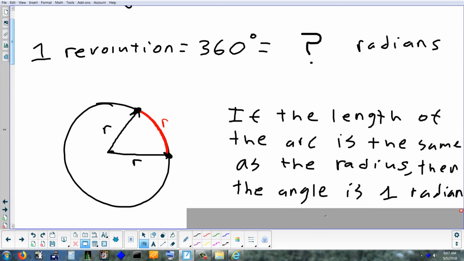Okay, so if the length of the arc in red is exactly the same as the radius in black, the angle in the picture is 1 radian. Still doesn't really answer the question about how many degrees are in a radian. It just gives you something to picture in your head of what a radian would look like. And that's pretty accurate. I would say that's pretty much to scale.